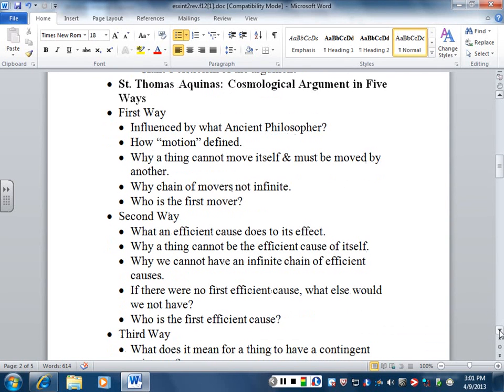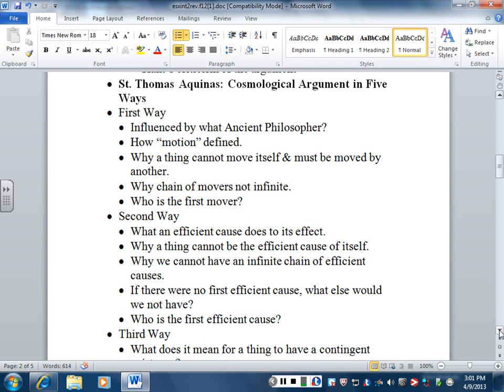I don't see a version of the ontological argument in Aquinas's 5 ways. Was there a 6th way? Well, the point is, Aquinas did not like these a priori arguments. He preferred a posteriori arguments for God's existence.